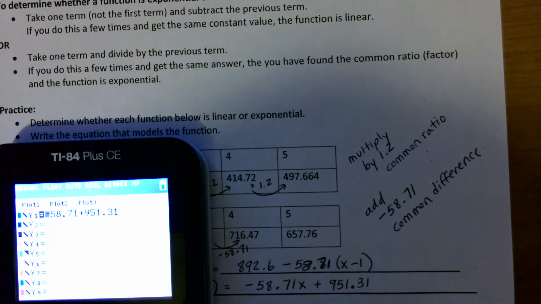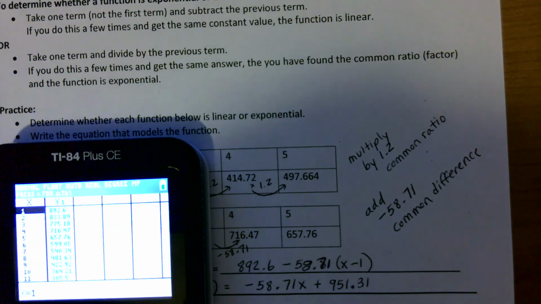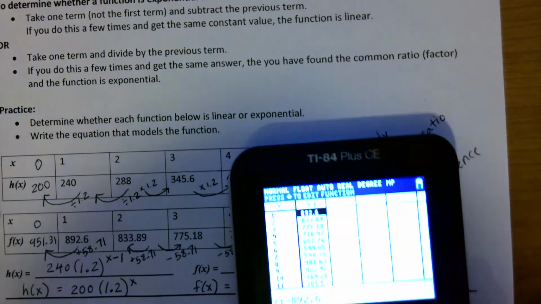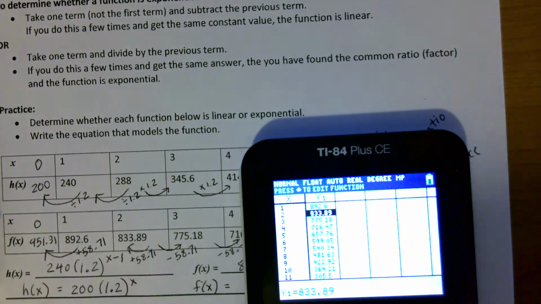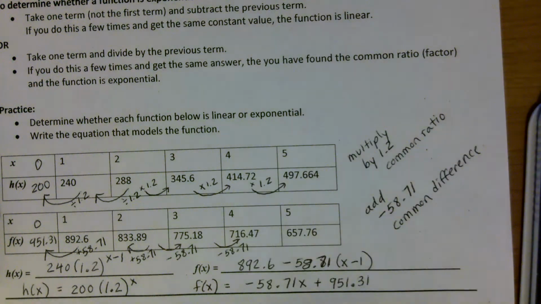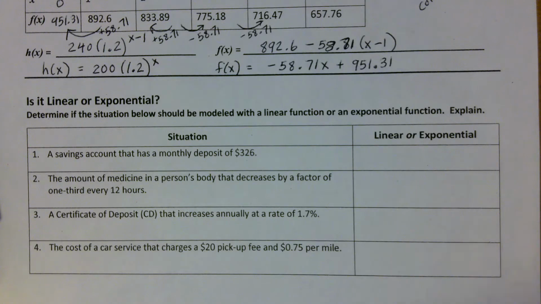Wow, this is not my day. I forgot to put in my x. Negative 58.71x plus 951.31. All right, third time's a charm. Let's see what happens. Second graph, and my first term, 892.6. My next one, 833.89, and so on. So I know this also is an equation that works, that would model the situation.